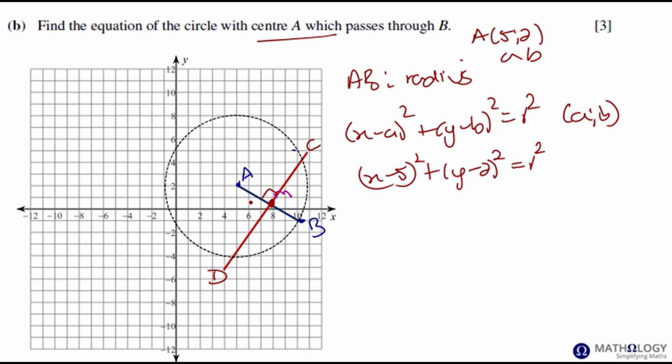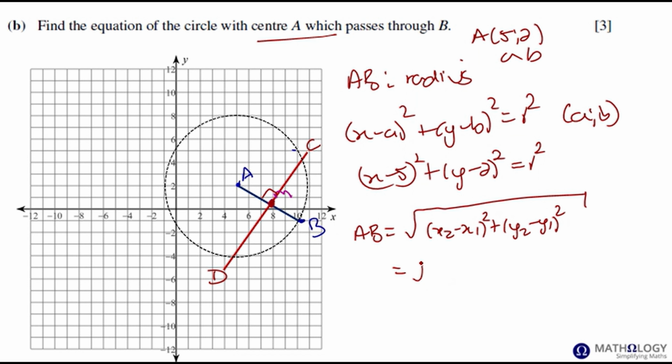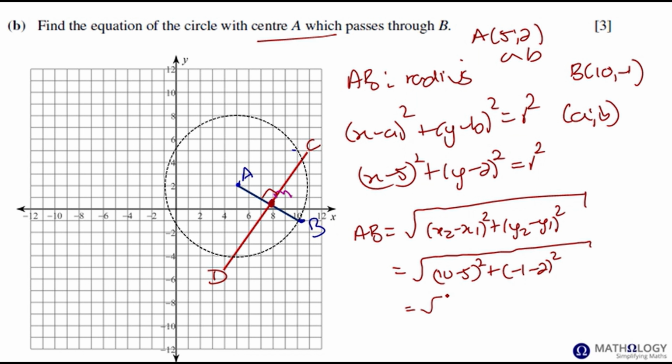To find r, we just use the distance formula to find the length of AB. AB is the square root of (x2 minus x1) all squared plus (y2 minus y1) all squared. So that's the square root of (10 minus 5) all squared plus (minus 1 minus 2) all squared. 5 squared is 25, minus 3 all squared is 9.